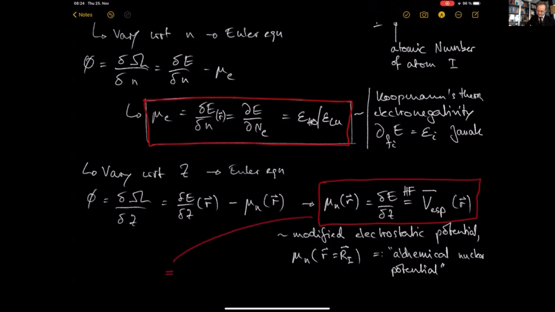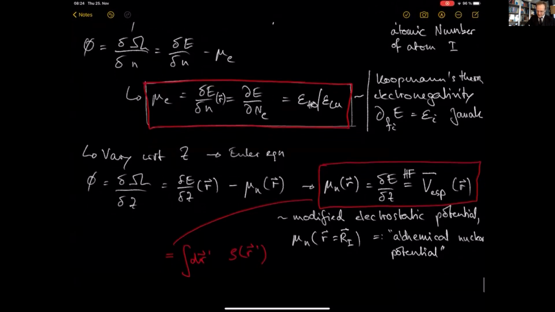So this was the integral of your electron density at R prime times an error function which switches off the electron density as you approach R. Typically there's some parameter that describes the width of this function. Now you could also use other functions to switch off your contribution, right? So this is somewhat an arbitrary choice.